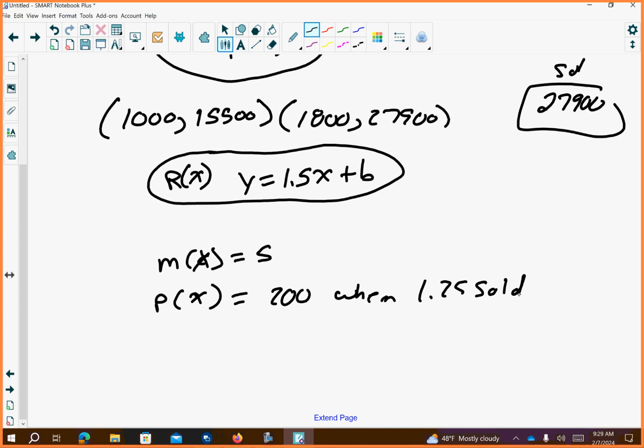So we need to play around with this equation a little bit, which means if I produce 125 units, $200 is made. I have this cost of $5. So if I go back to my profit equation, it's going to be this, 5x, and then we have to think about this point here.